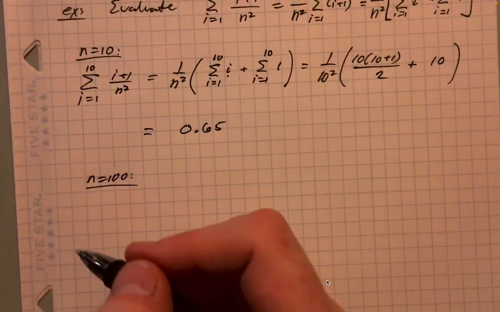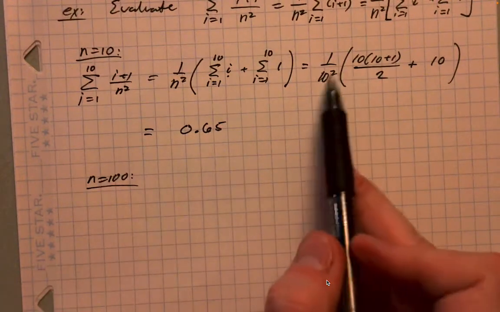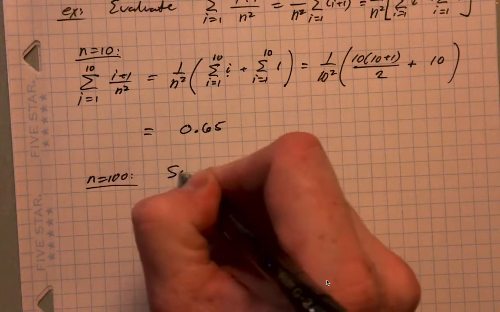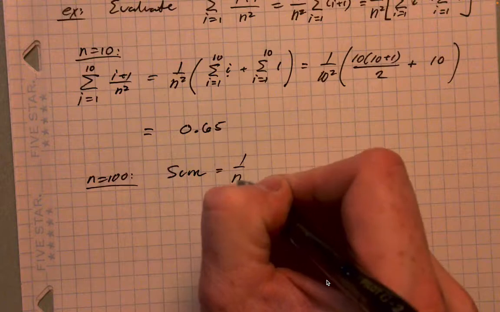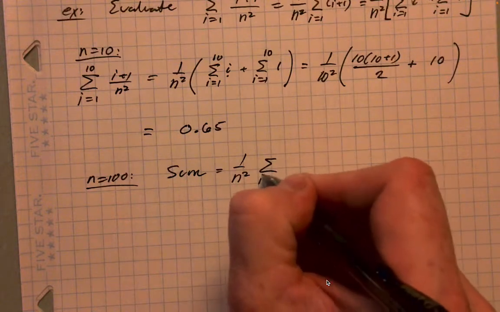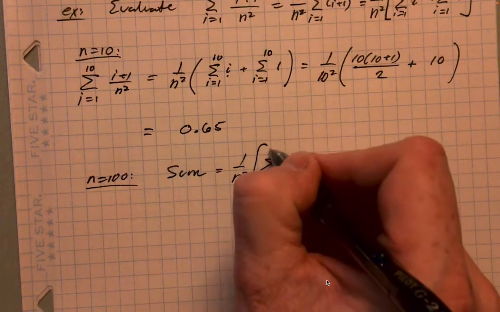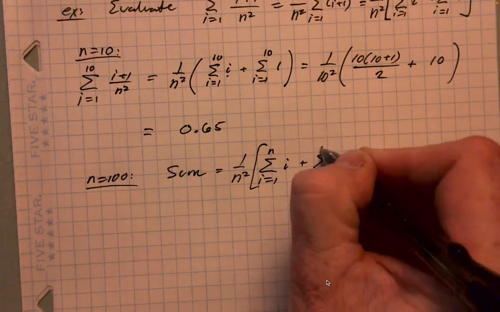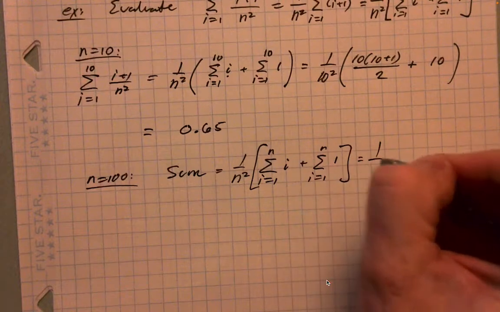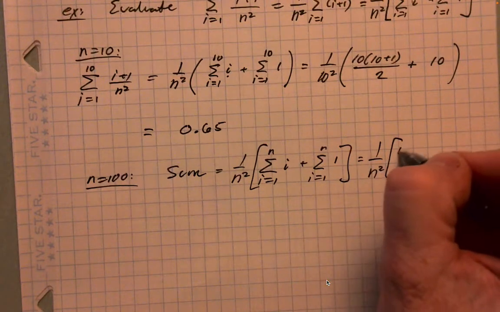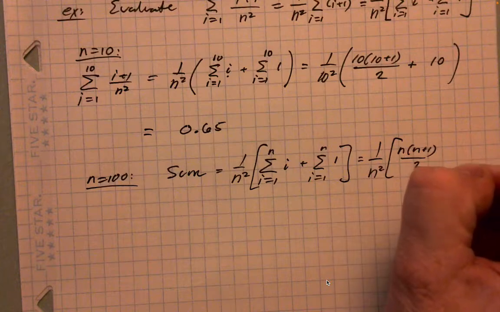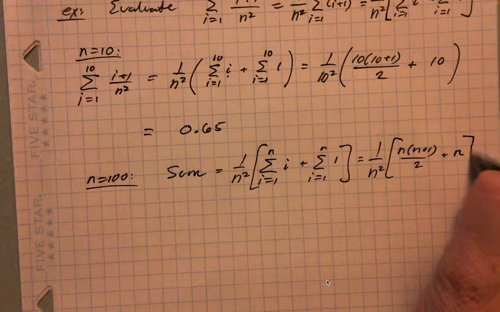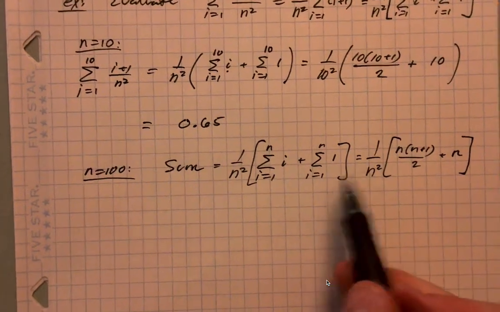Well, for n equals 100, the sum is going to have this same form in each case. So the sum will be 1 over n squared, and then I equals 1 to n of I plus I equals 1 to n of 1, which we know is 1 over n squared, and then it's n plus 1 over 2 plus just n in this case, since you're adding 1 to itself successively.